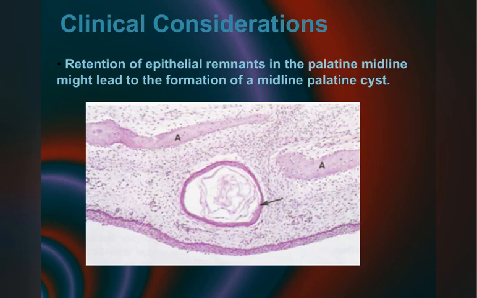They don't make any problems, but sometimes they start to grow to form initially keratin-filled cyst. Then if they grow bigger, they become fluid-filled and start affecting nearby structures as they grow bigger and bigger. This is called midline palatine cyst and should be surgically removed once detected.